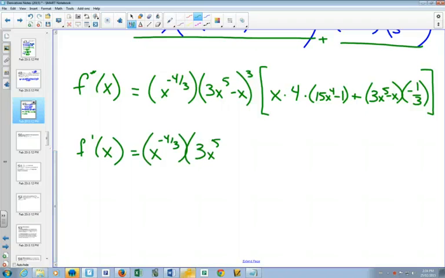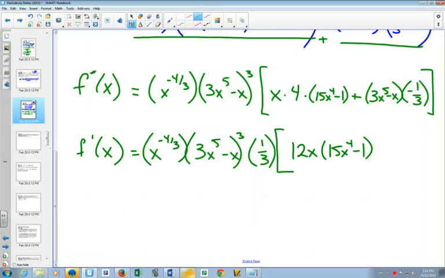I'm going to take out the 1/3 as well. When I take 1/3 out of the 4x, that'll be 12x. When I take a 1/3 out of there, since there's a negative times a positive, that would be a negative in the end. And now we would just have 3x to the 5 minus x.